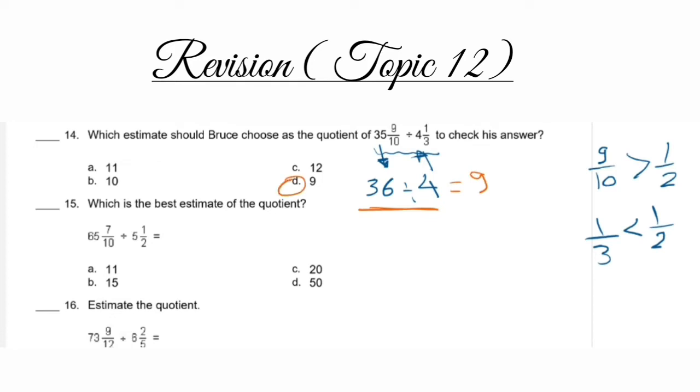The same for the next question. We have here 65 and 7/10, and 7/10 is more than half, so this is approximately equal to 66. And 5 and a half, so half here, so this is rounded to be 6. And of course 66 divided by 6 is 11.